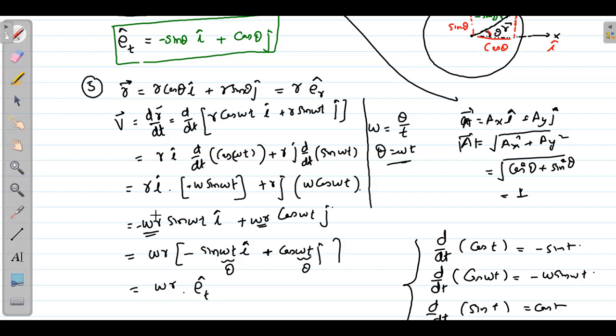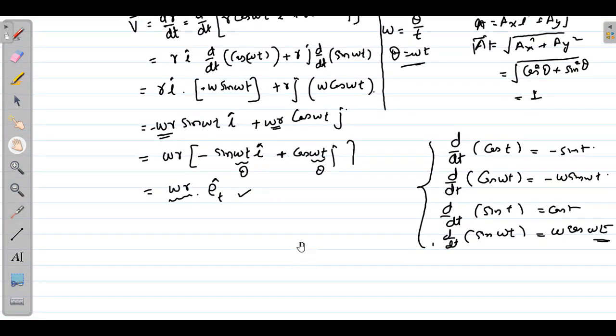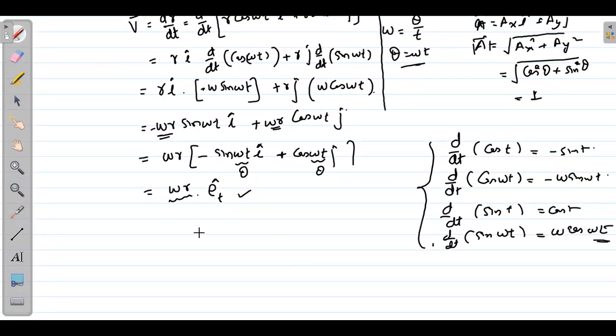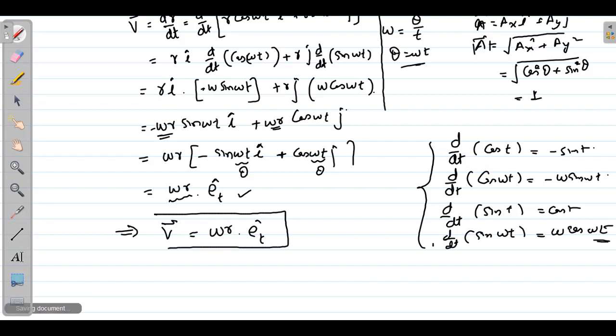That means velocity v has the magnitude omega r, and it is along the tangential direction always, which we have said earlier. So you have to memorize this result. We can write velocity as omega r into e theta.